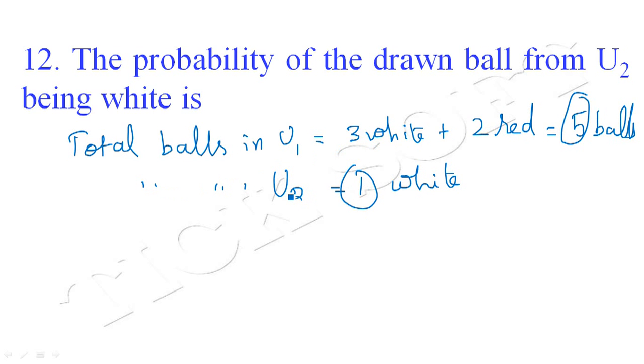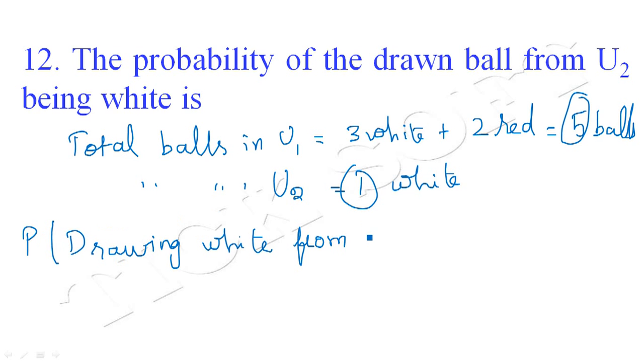Now we are going to find the probability of drawing a white ball from U1. Here the total number of balls in U1 is 5 and we have 3 white balls.